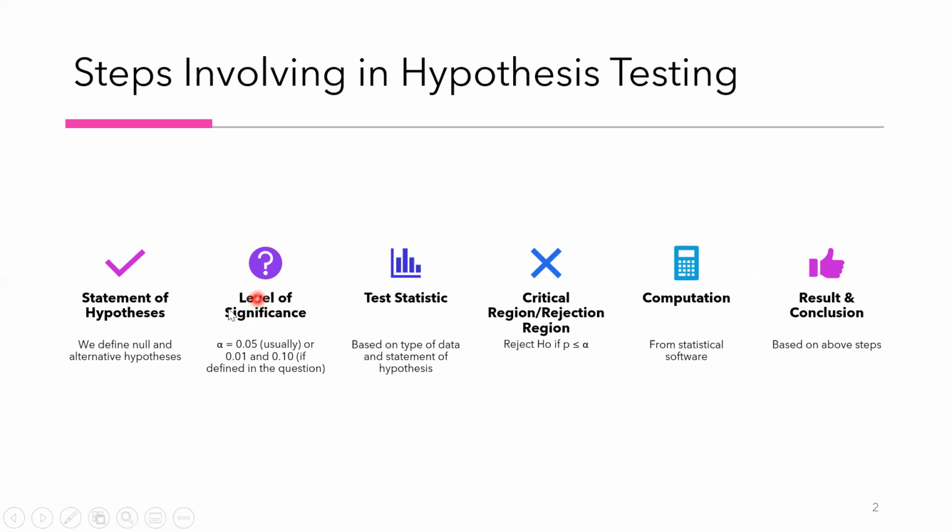Based on all these steps, we make the conclusion, whether the p-value is less than alpha or more than alpha, and based on the p-value and the result, we conclude whether the statement or hypothesis is true or not.